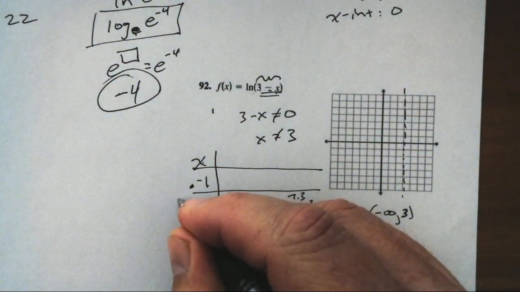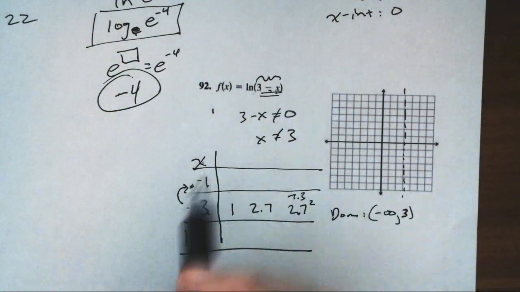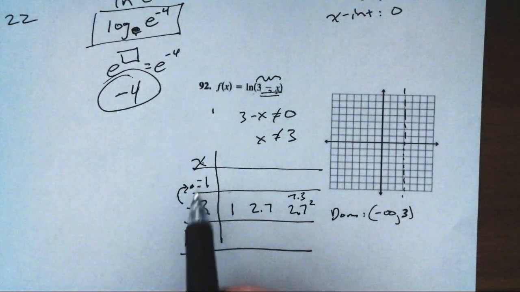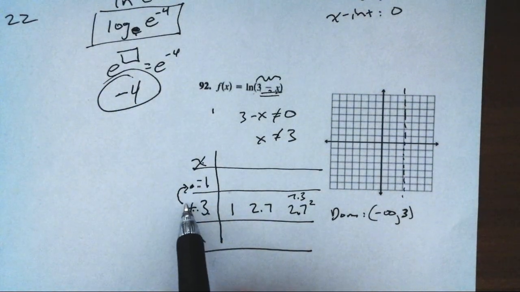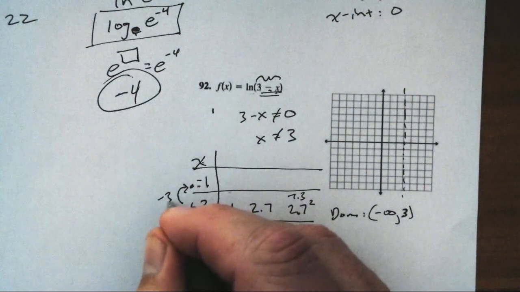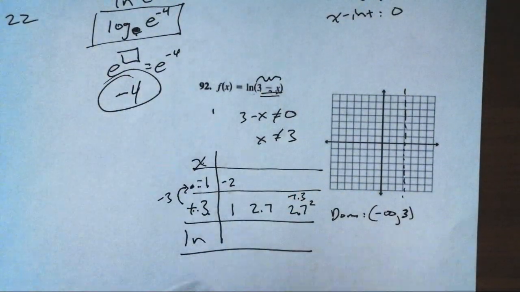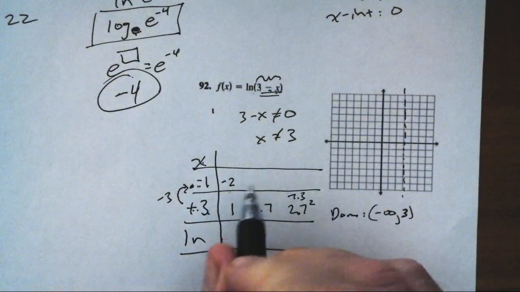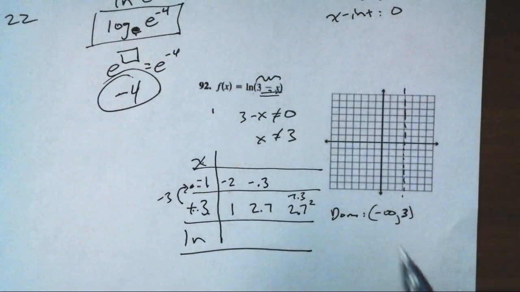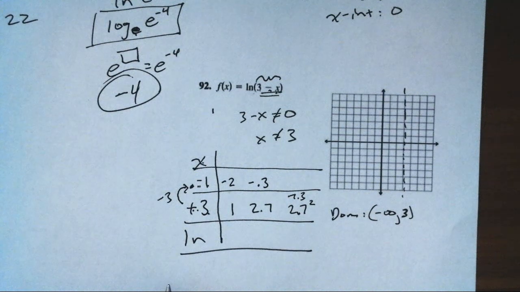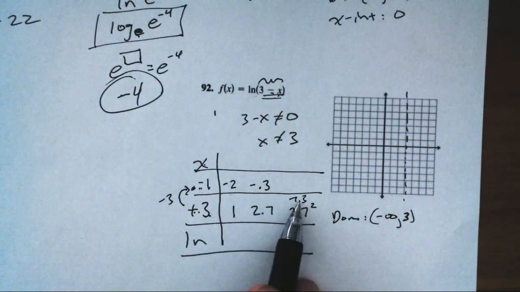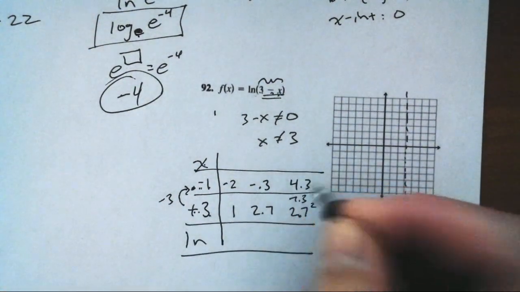So I need to go back there. To get from row B to row C, I had to add 3. I need to go back, so I need to subtract 3. So I get negative 2. I subtract 3, I get negative 0.3. I subtract 3, I get 4.3.